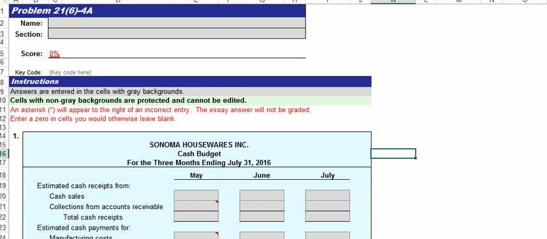You see the example of the budget itself on the bottom of page 1000. And the supporting schedules are on pages 998 and 999, collections of accounts receivable and schedule of payments for manufacturing costs.